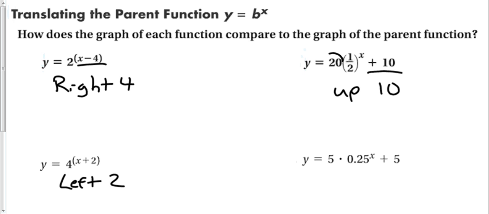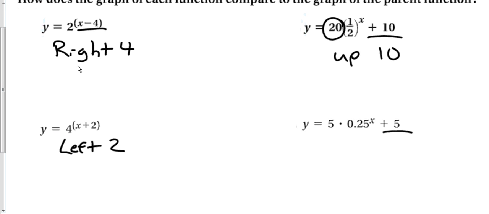And then this 20 right here is going to stretch by a factor of 20. And the last one, the 5 moves up 5. This 5 here is going to stretch by a factor of 5. Both of these bases are smaller than 1, so those are going to be decay. Both of these two are bigger than 1, so it's going to be exponential growth.